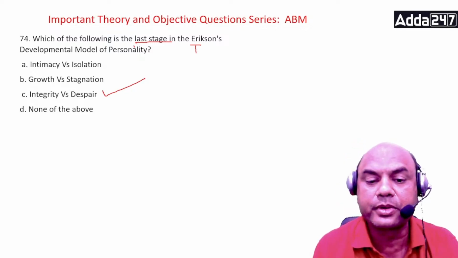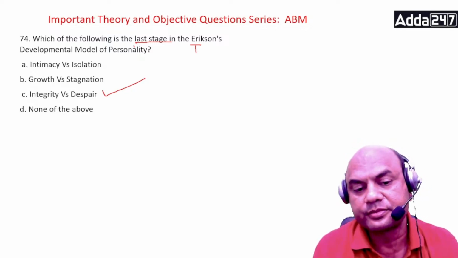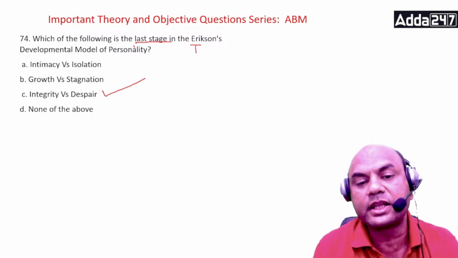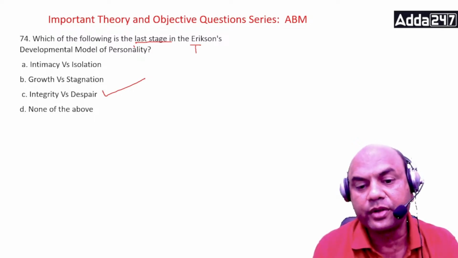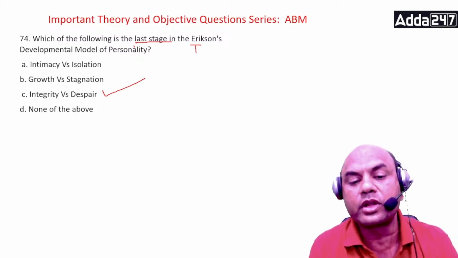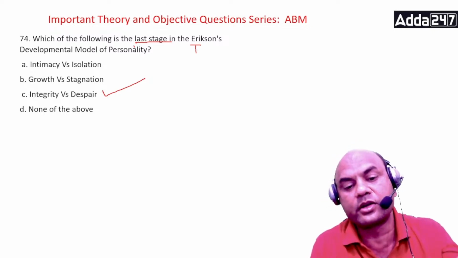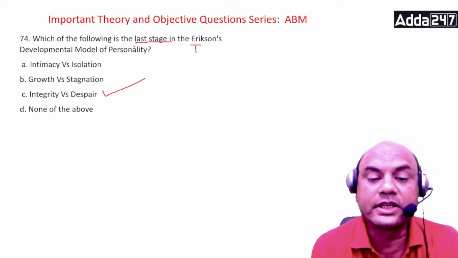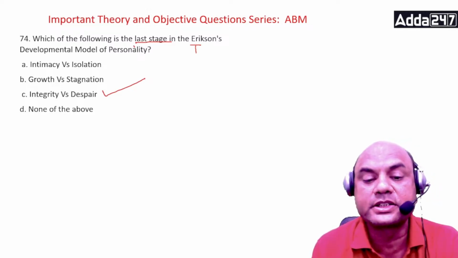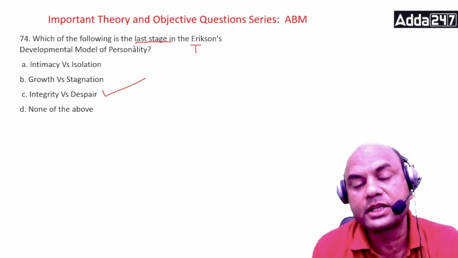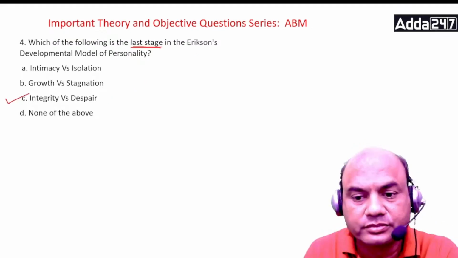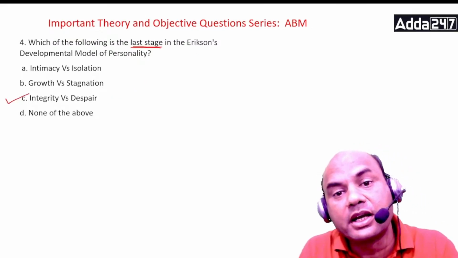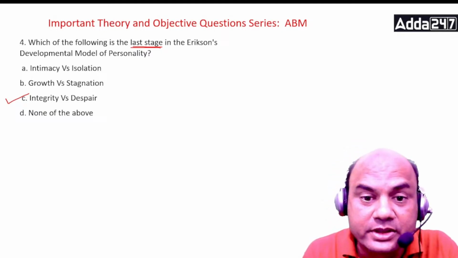However, people who are not successful at this stage may feel as if their life was wasted. They focus on what would have, should have, could have, instead of what they have done. They face the end of their lives with feelings of bitterness, depression, and despair.